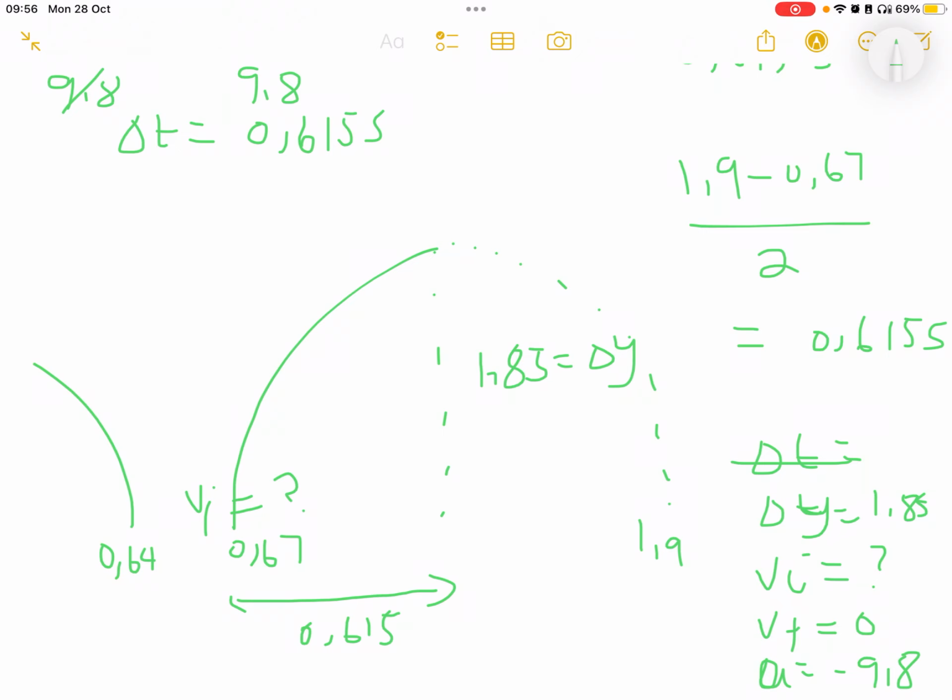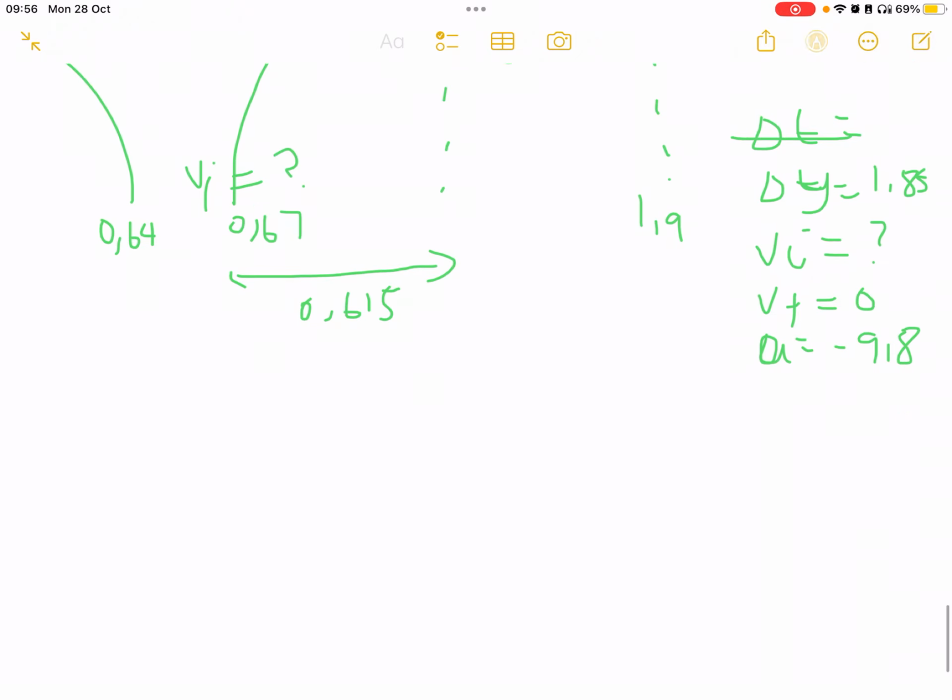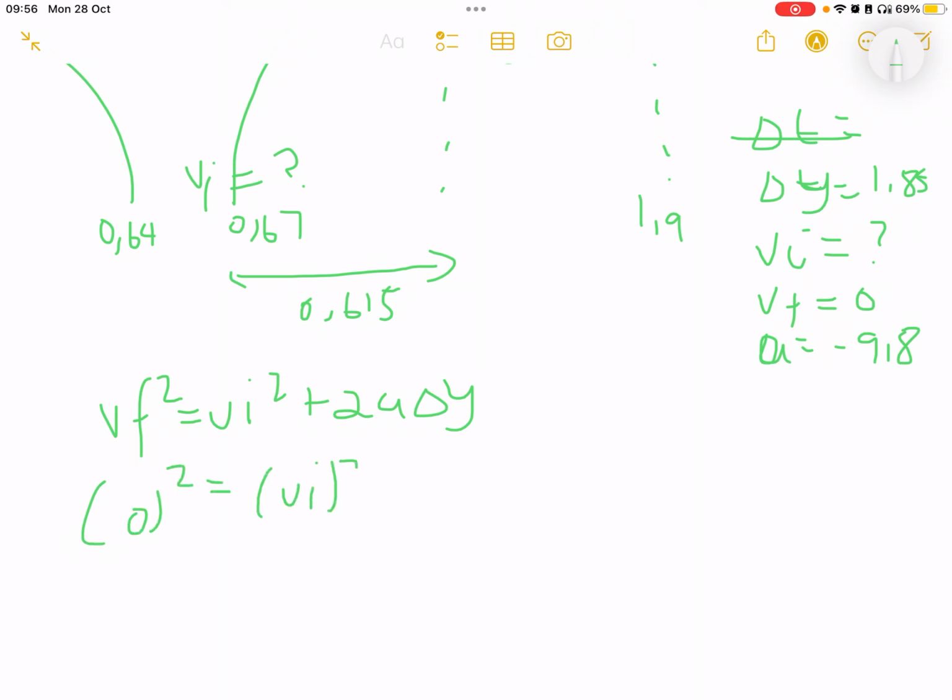Now, if we use VF squared equals VI squared plus 2A delta Y, we do the same thing. 0 squared is equal to VI squared plus 2 times negative 9.8 times 1.85.